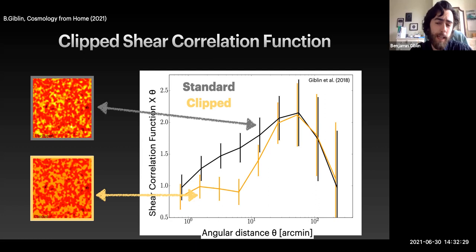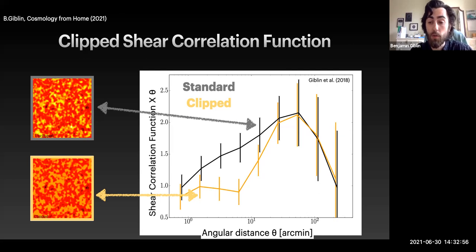So the idea here is that the clipped shear correlation function more optimally extracts cosmological information from the clipped field than the standard correlation function does from the unclipped field. And by combining these two statistics in a cosmological analysis, the idea is that you can obtain more precise constraints on cosmological parameters.